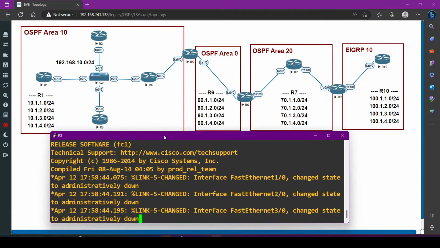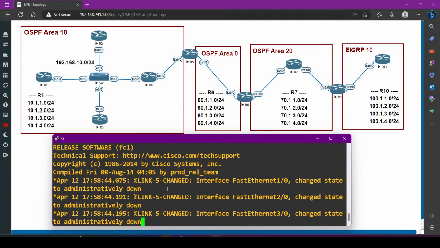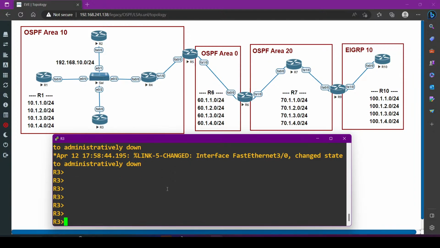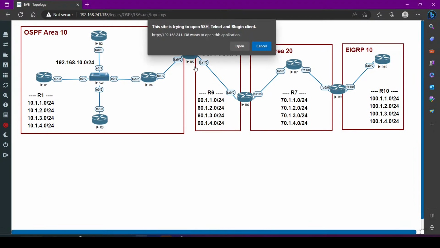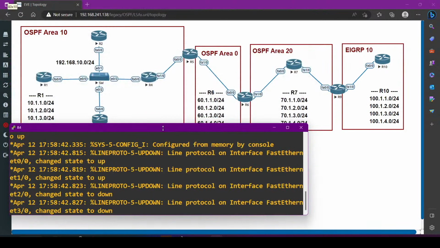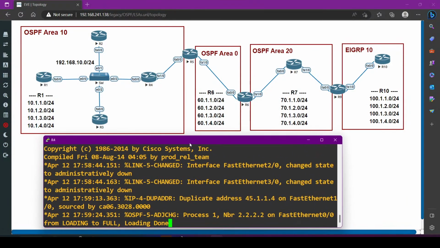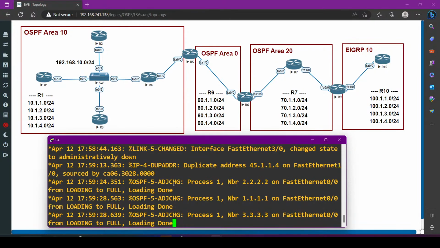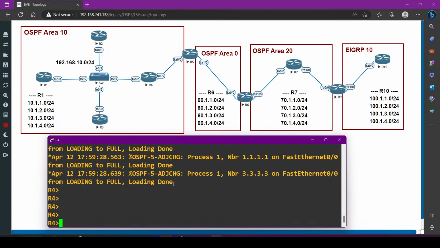Which router will become DR in OSPF area 10? On the routers I have configured the router ID with the name of the router. Like on router number 1, the router ID is 1.1.1.1. OSPF is already running on all routers.